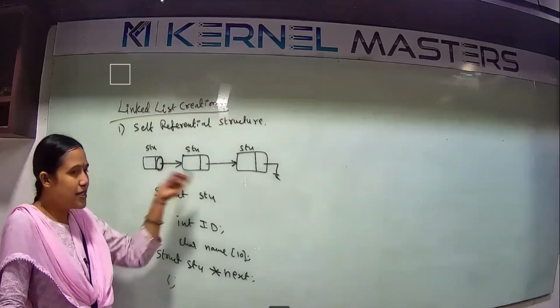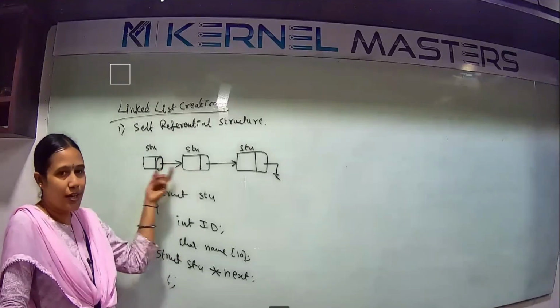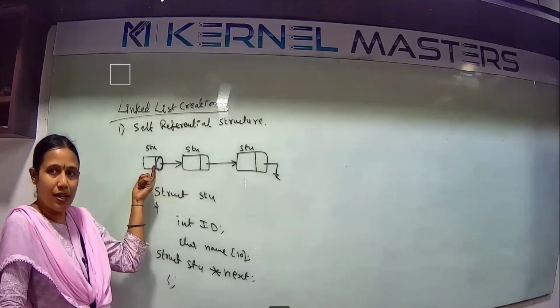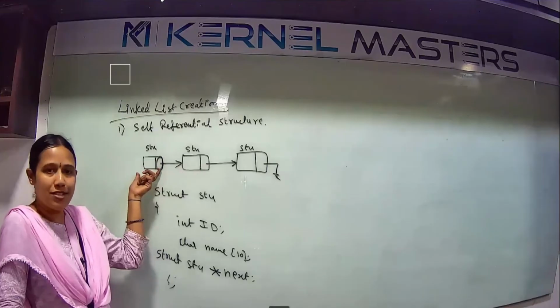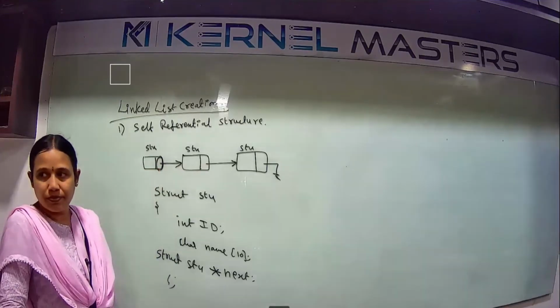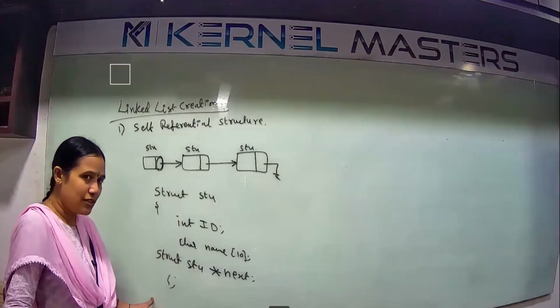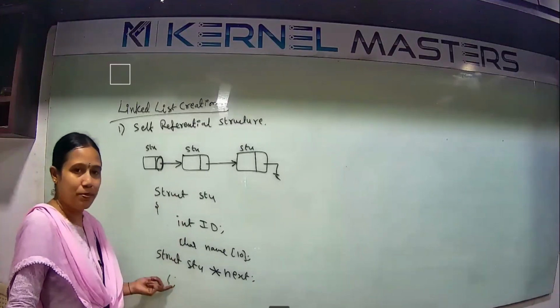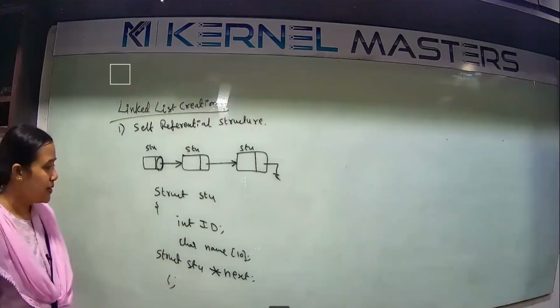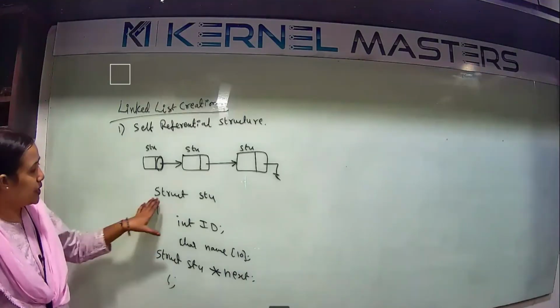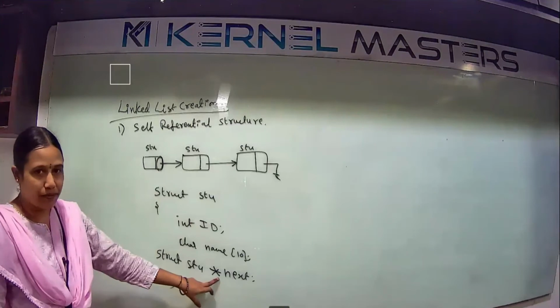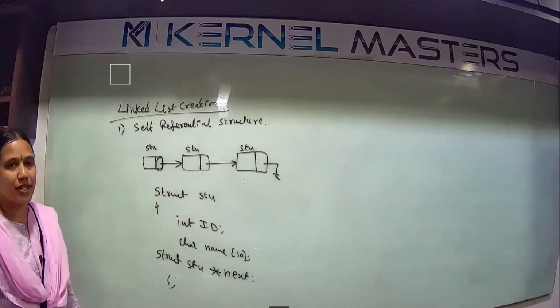Because in a list, you have to remember the next node address in a pointer member, and the next node is of the same data type as the structure itself. Right? So you have to have a student pointer inside a student structure. This type of structure with a pointer of its own data type is called a self-referential structure.